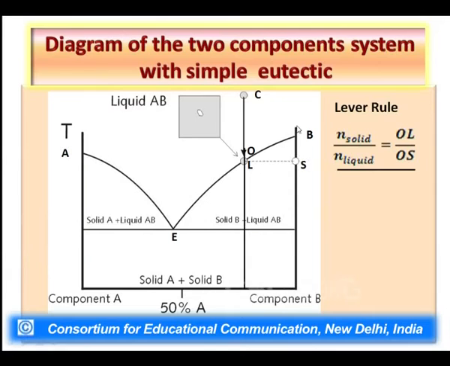Any point on the curve BE also represents the composition of the liquid phase, and point S represents the composition only of the solid phase. Now, it is important to note that the overall state point L coincides with this point O, and point O is the overall composition.